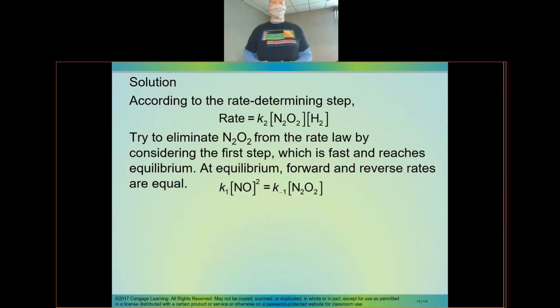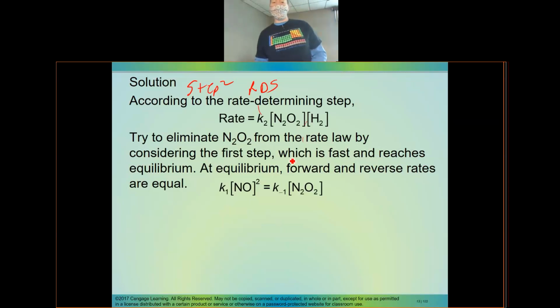All right. So again, they're going to go through the solution. So you write step 2 is a slow step, which means it is the rate determining step. Step 2. And that's why they have K2, because you have K2 in step 2. All right. And then we're going to use step 1, which has an equilibrium.